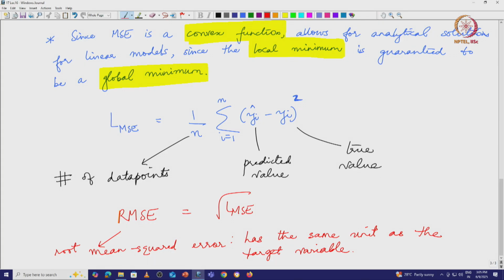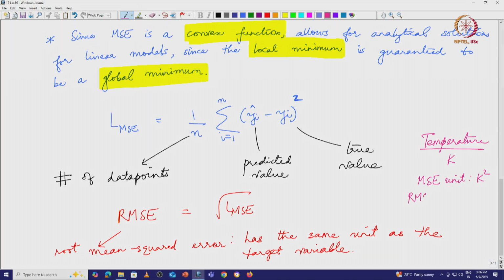If you are, let us say in your engineering discipline, trying to predict the temperature, and let us say it is being measured in Kelvin, your MSE unit will be Kelvin squared, and Kelvin squared would not make sense if you wanted to report an error incurred by the ML model.